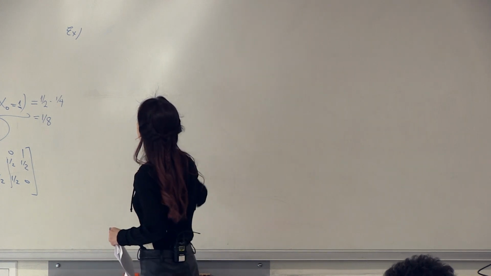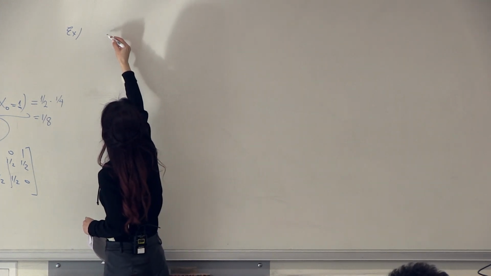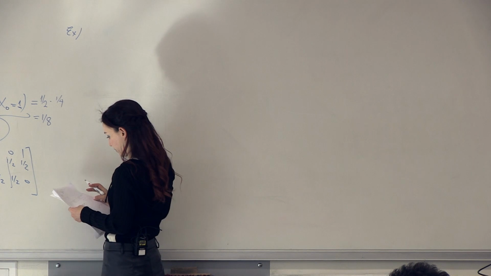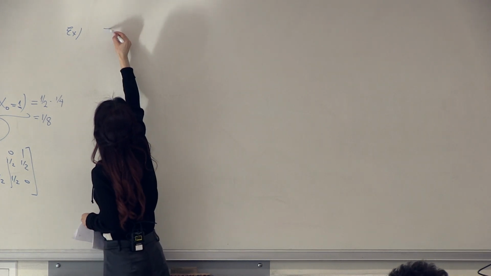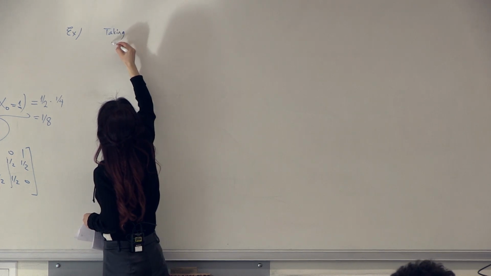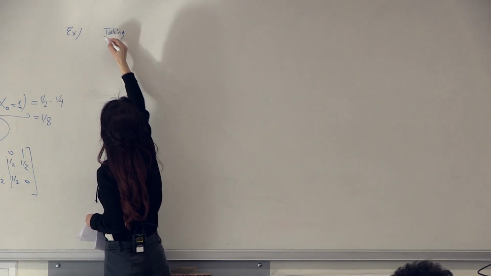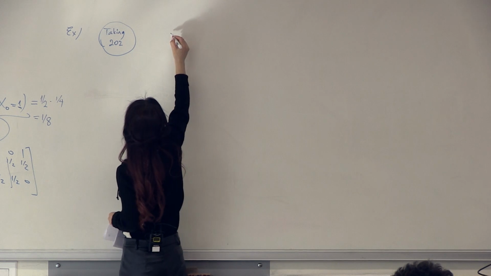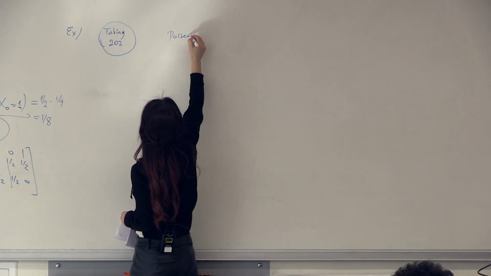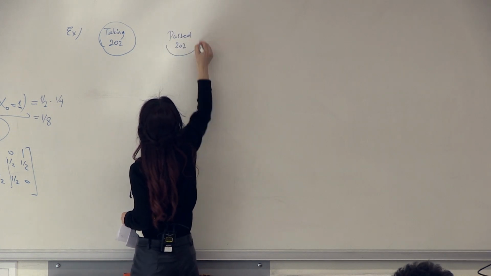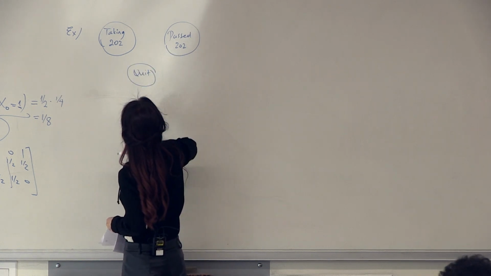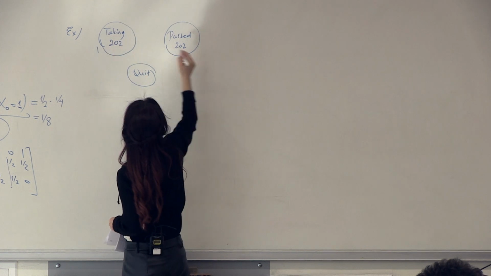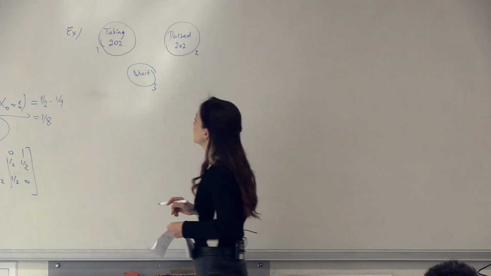Okay, so let's number them, if you will, as 1, 2, 3: taking 202, passed 202, and quit. I can number these 1, 2, 3 for convenience.